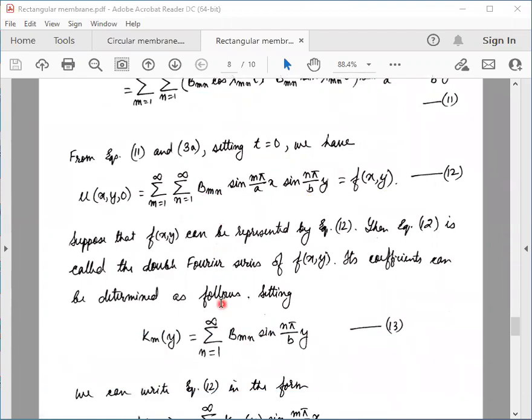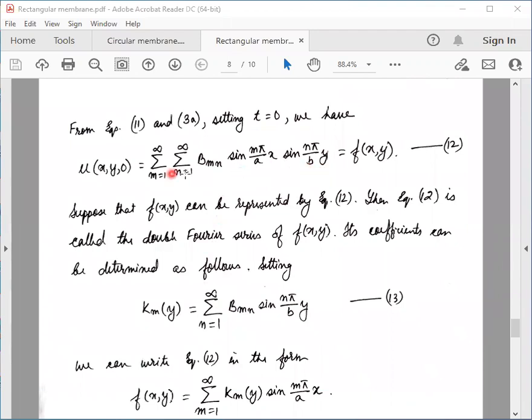Now, this is an infinite series. Suppose that f of xy can be represented by this infinite series. Then equation number 12 is called the double Fourier series of f of xy, and its coefficients can be determined in the following way.